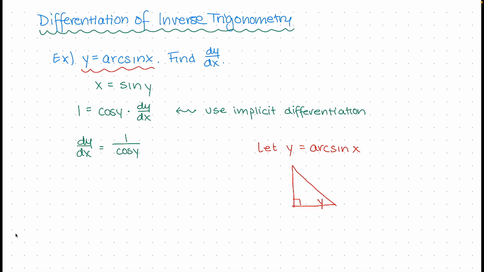And y is the angle whose sine is x. So y is the angle whose opposite over hypotenuse is x over 1. And then through the magic of the Pythagorean theorem, we can get the adjacent side, which will be the square root of 1 minus x squared. So I'm going to stop there and make sure everybody's okay with that.